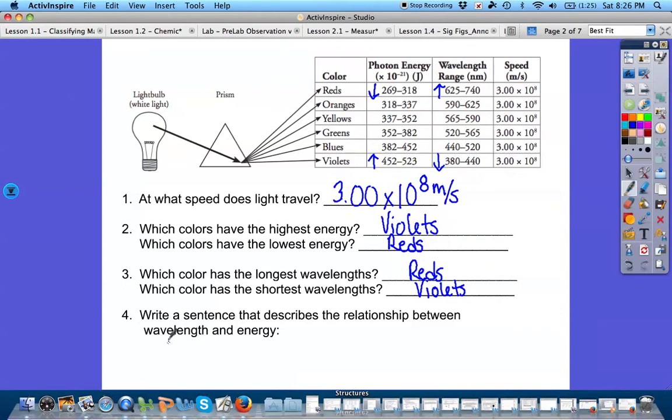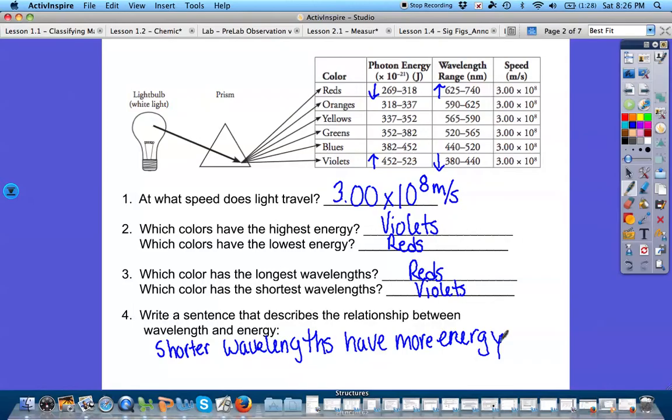So shorter wavelengths have more energy, and longer wavelengths have less energy.